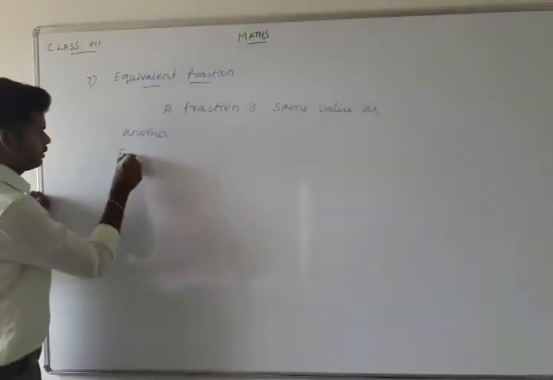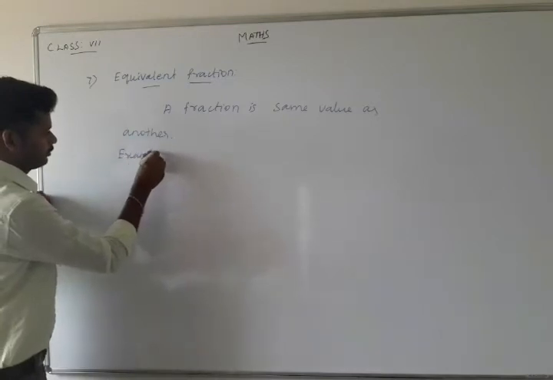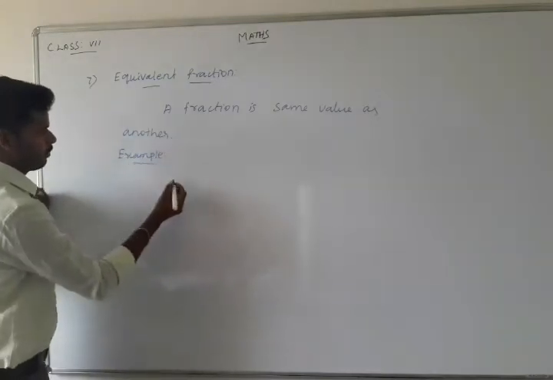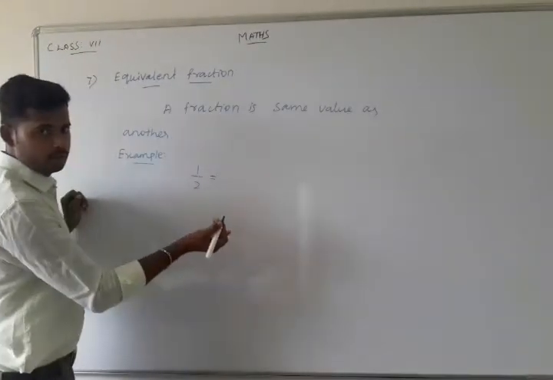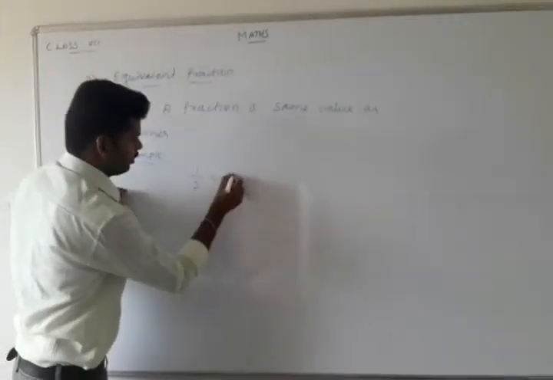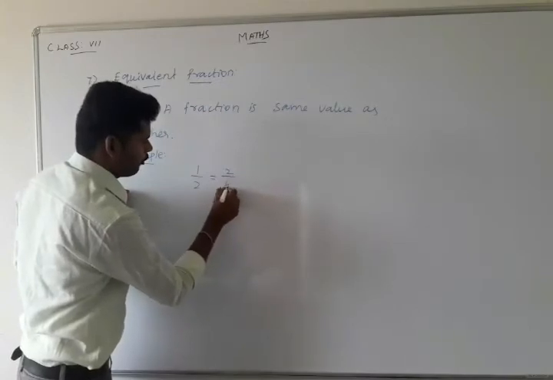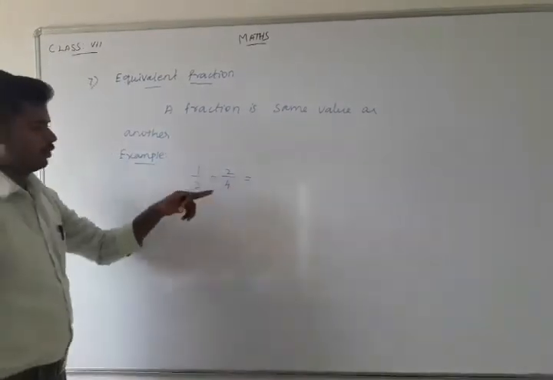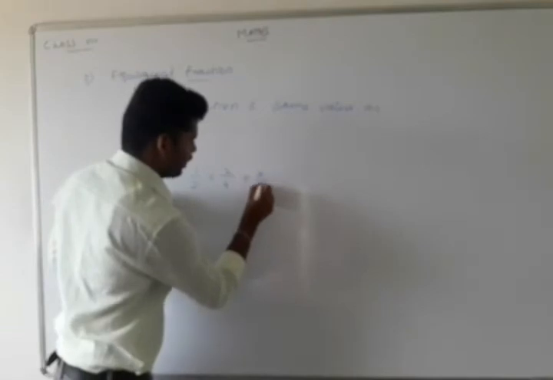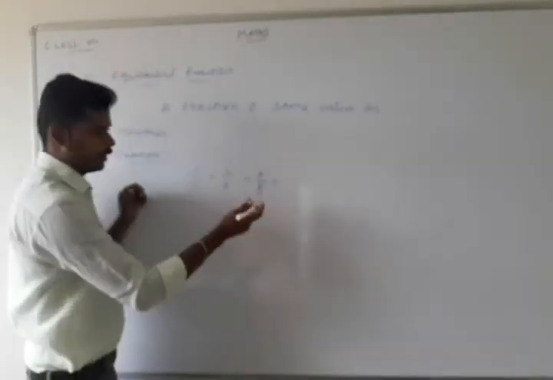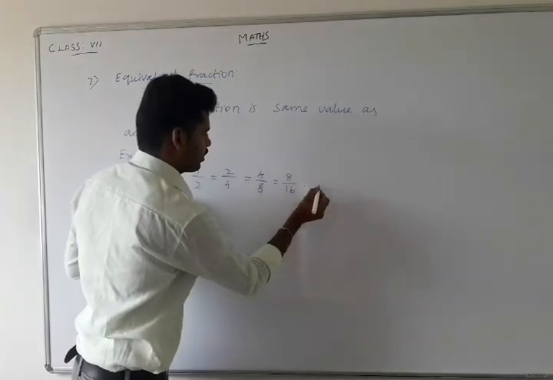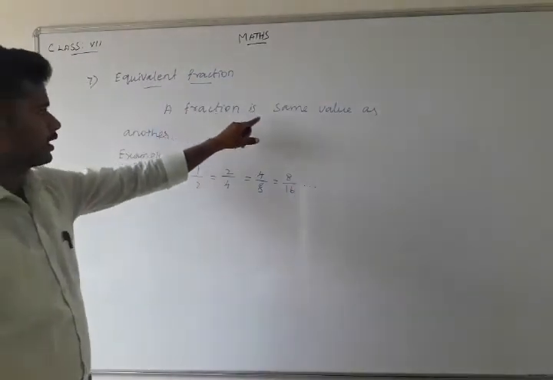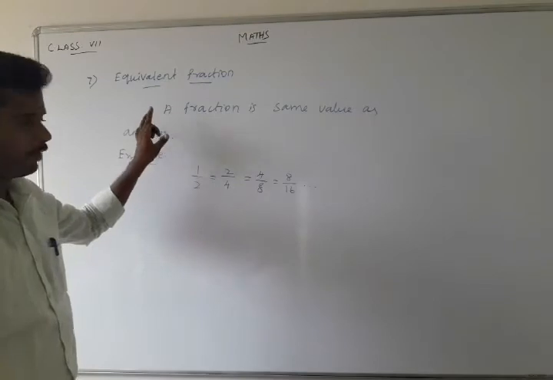Example: 1 by 2 equals 2 by 4, equals 4 by 8, equals 8 by 16, and so on.